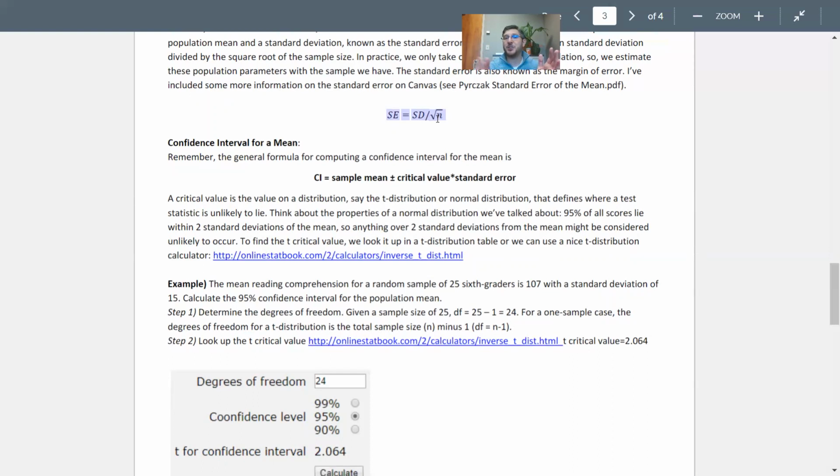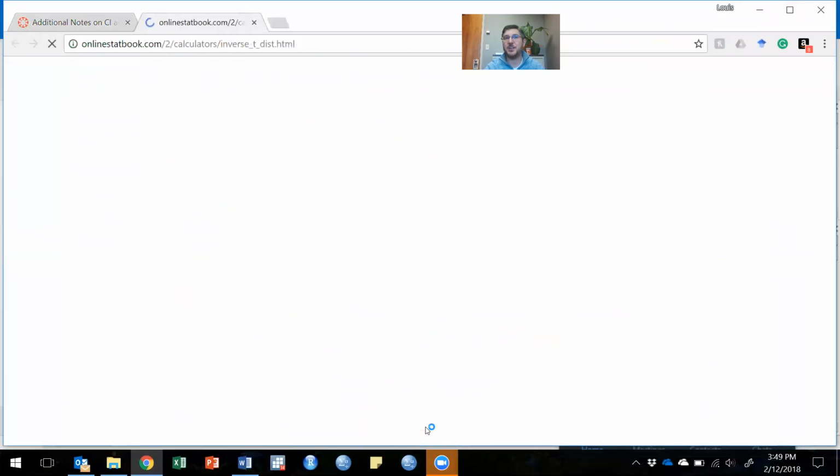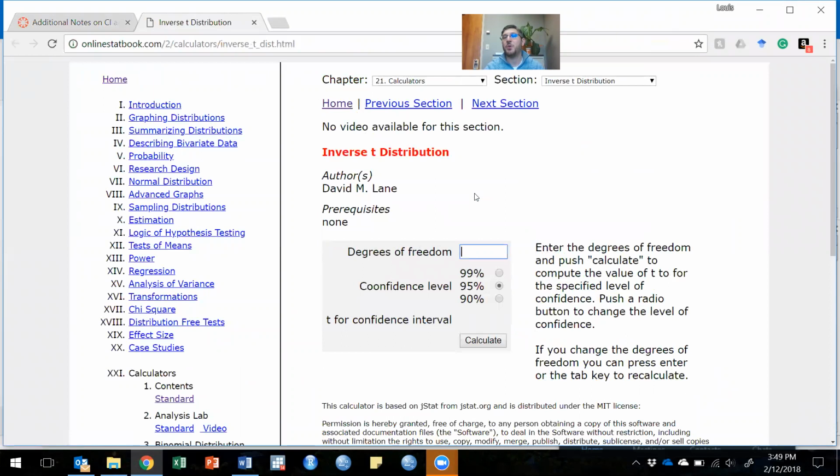So to get these critical values, there's a nice online calculator we can go to, where we plug in the degrees of freedom and say what confidence level we want. We set our sample size as 100, so the degrees of freedom will be 99, sample size minus 1. We want the 95% confidence interval.